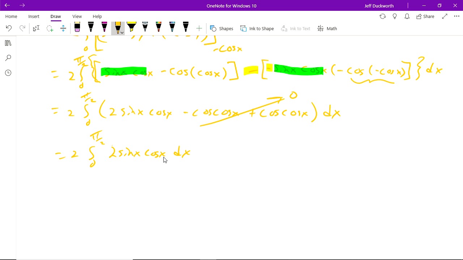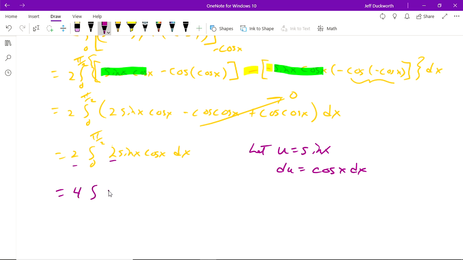Okay, so we can pick either one of these to be our u, essentially. But let's see. Let's let u equal sine of x. That means du equals cosine of x dx. And we've got a 2 and a 2, so that'll give us 4 out here.